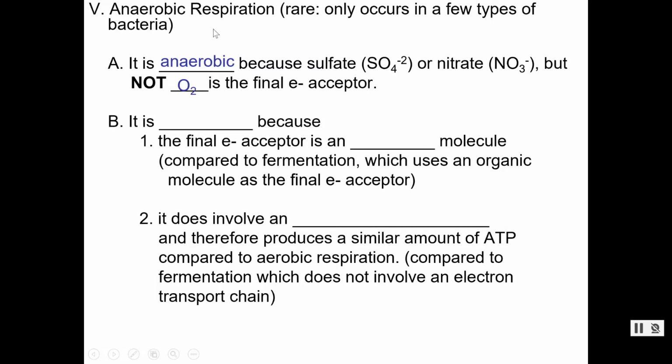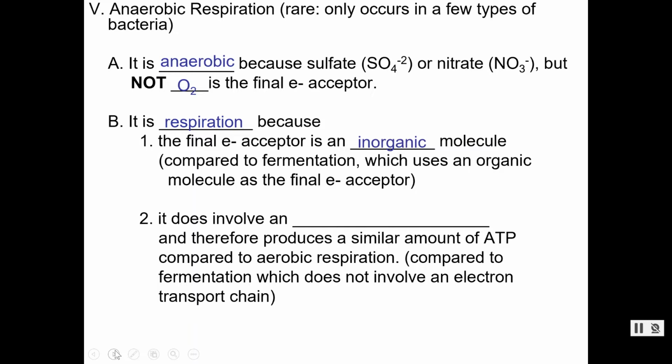So aerobic cellular respiration is called respiration because it uses an inorganic molecule as the final electron acceptor. What makes it anaerobic is that it's not oxygen. It uses sulfate or nitrate as the final electron acceptor. All respiration uses an inorganic molecule. Aerobic respiration uses oxygen. Anaerobic respiration uses sulfate or nitrate. Okay, so that was the second part there. The final electron acceptor is an inorganic molecule.